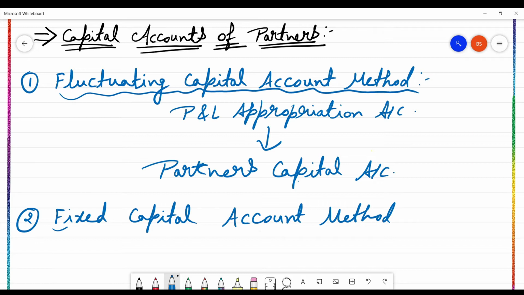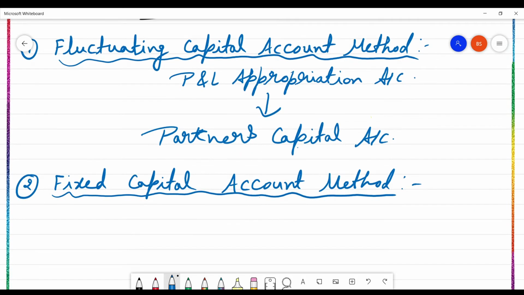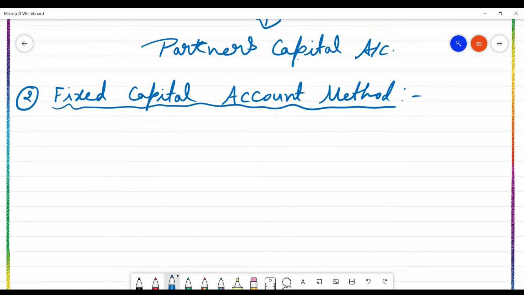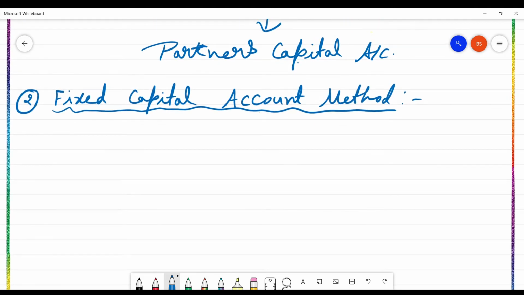Let's go on to fixed capital account method. Fixed capital account method is a method in which no change is reported in opening balance and closing balance in the partner's capital account.